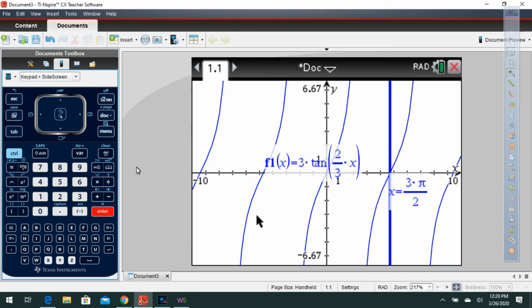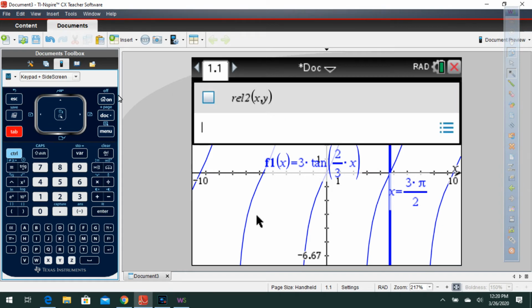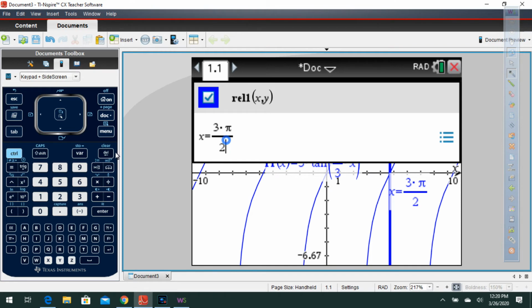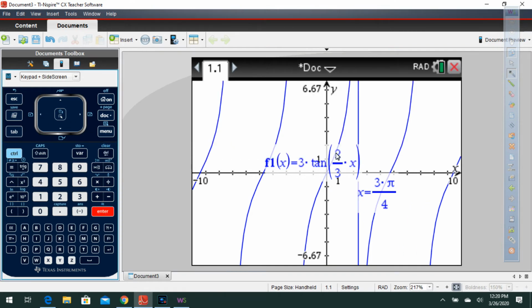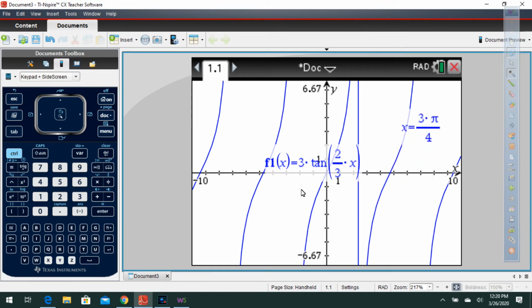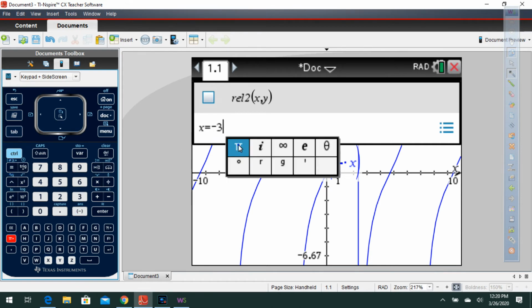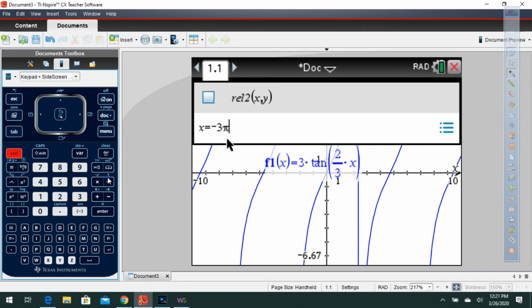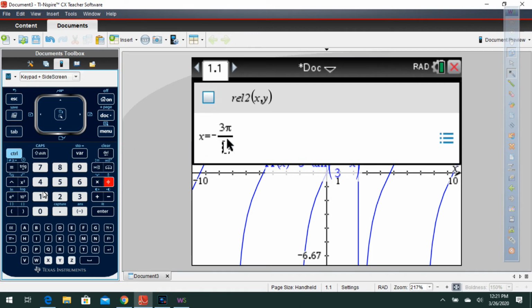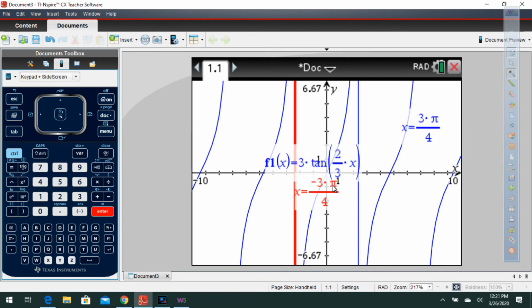Oh, it was 3 pi over 4. Well, looky. All right, so that put it, there we go. We have found it. All right. So if we've got one here, we're going to have one on the other side. So we have x equals negative 3 pi over 4. And there's that one.